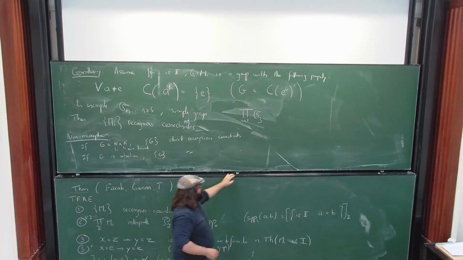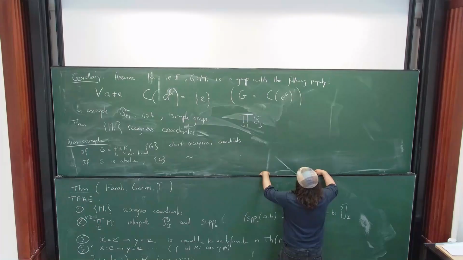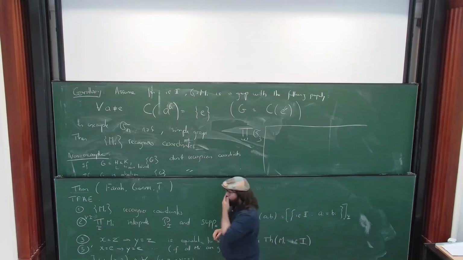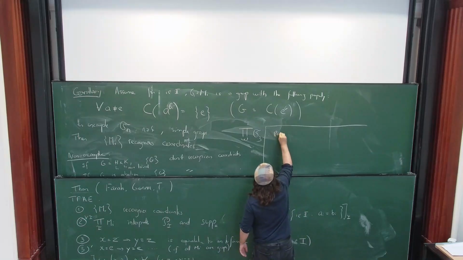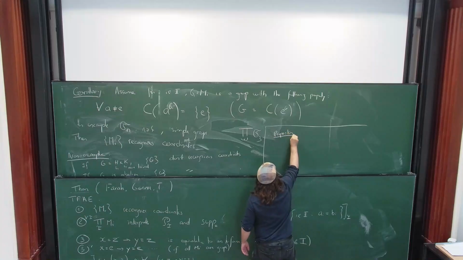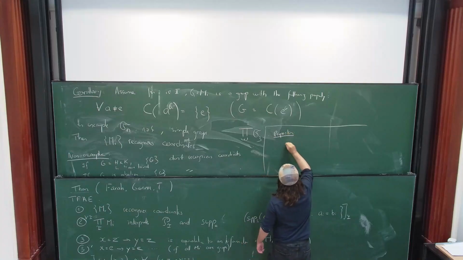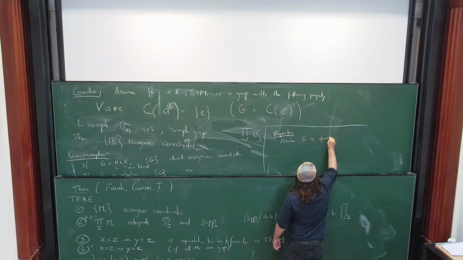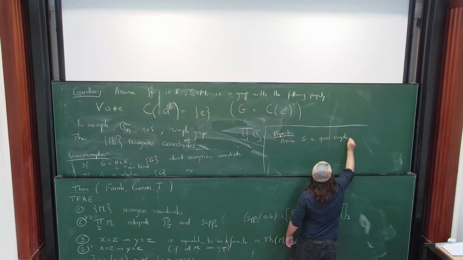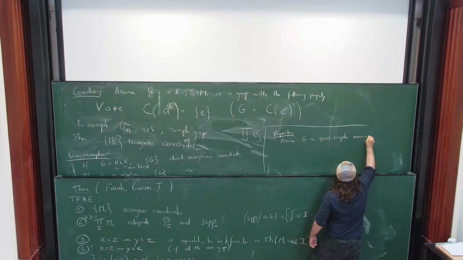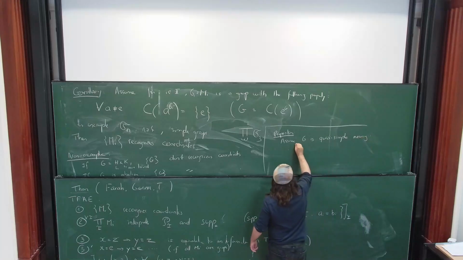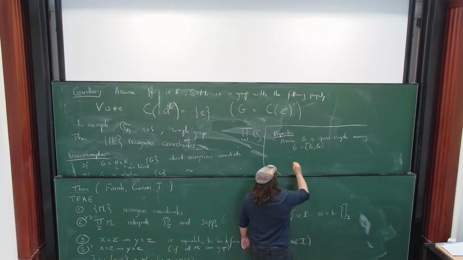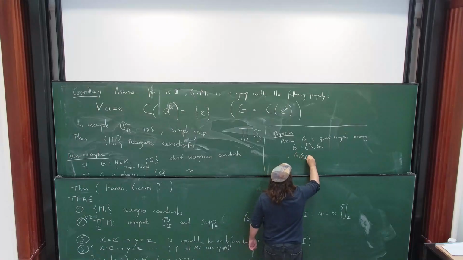Maybe I can write down quickly my example here with perfect groups. Proposition. Assume G is quasi-simple, meaning G is perfect, G is the commutator of G, and G mod Z, the center of G, is simple.